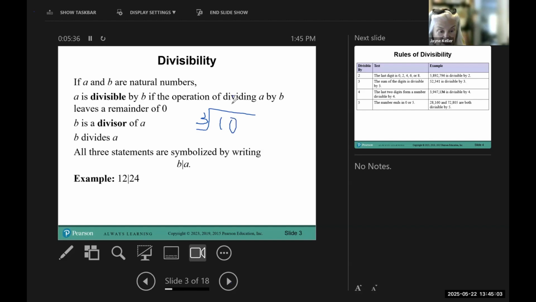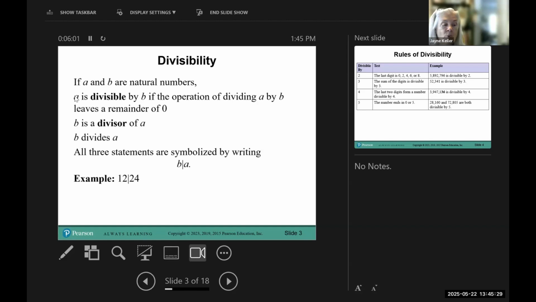Remember, it goes in 3 times. And then when we multiply 3 times 3, we get 9. That means we have a remainder of 1. So we have 3 remainder 1. So in order for one number to be divisible by another number, it has to be true that when we divide that first number by the second number, we get a remainder of 0.